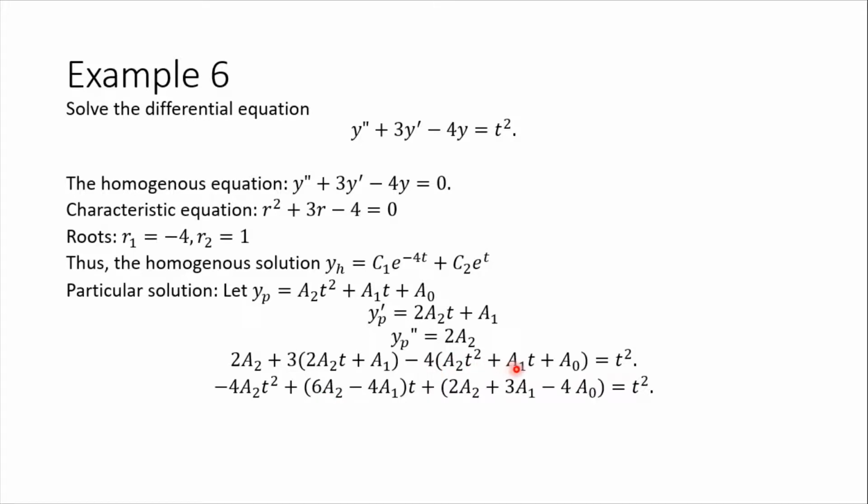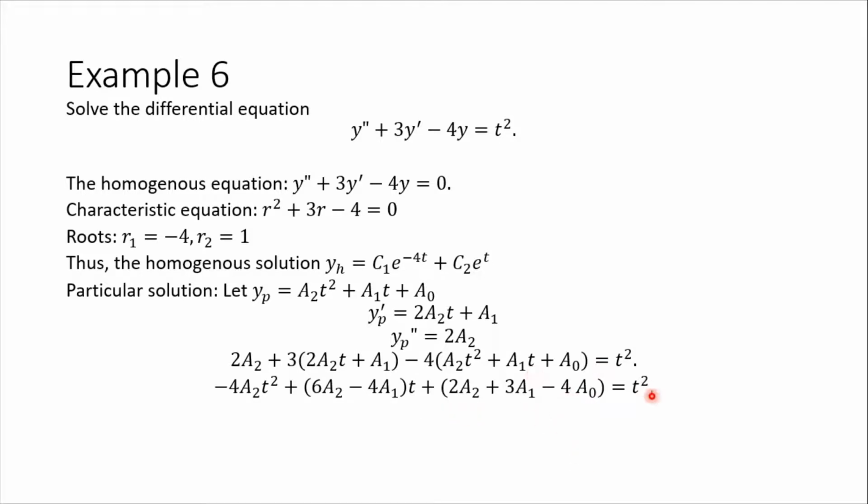Where is another t? Okay, this one, minus 4a1, right? So this is the coefficient for t, and then the last one will be the coefficient for the constant. This is a constant, 2a2. This one is t. Okay, this one, 3a1, is a constant. And from here we have minus 4a0, which is a constant.